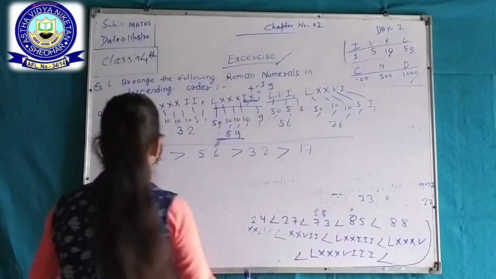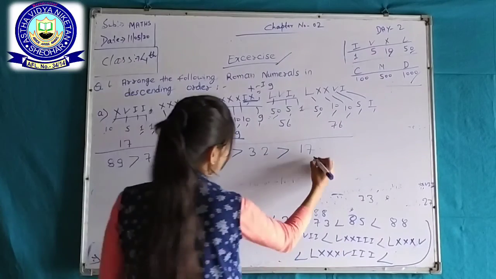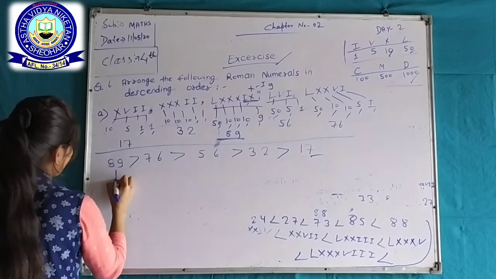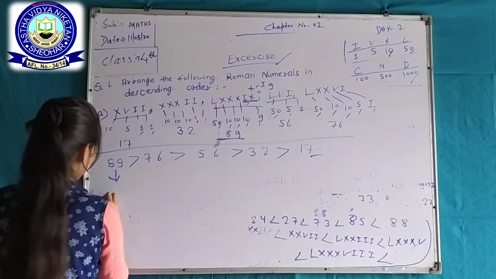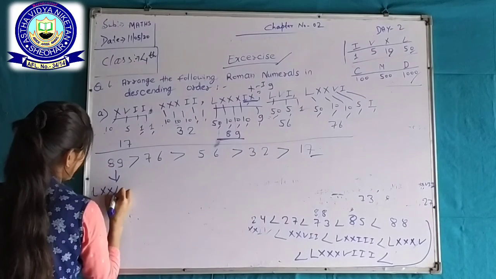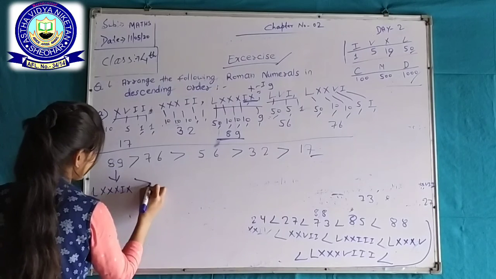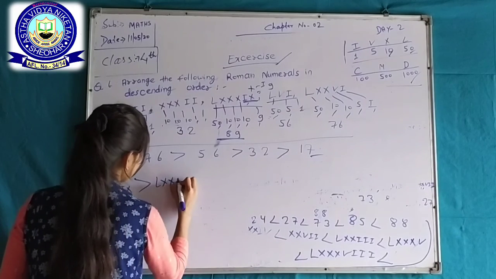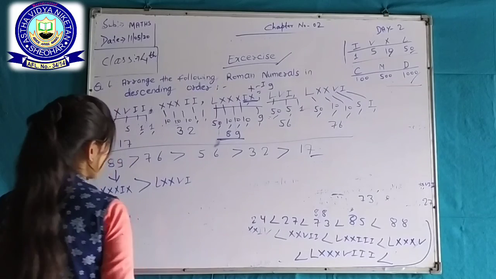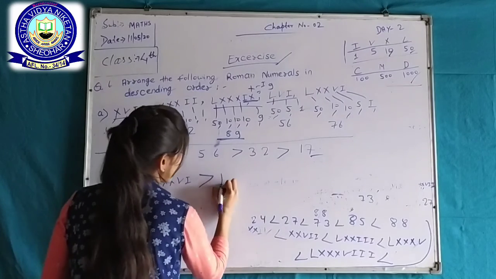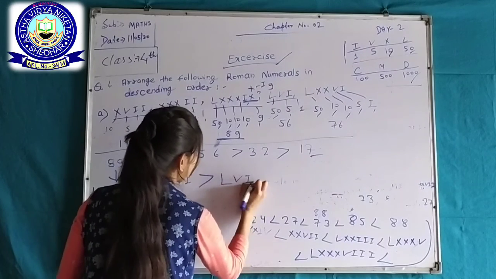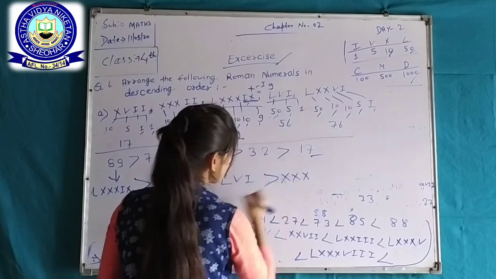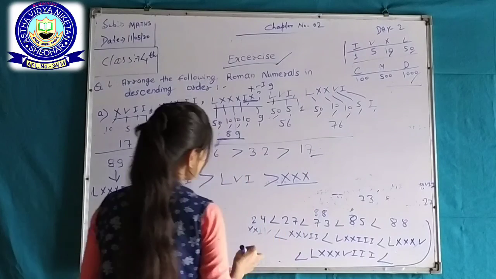And now we have to write these Hindu Arabic numerals in Roman numerals. 89 is L, triple X, and IX. 76 is L, double X, V, and I. 56 is L, V and I, and for 32, triple X and double I. We can't use this symbol more than 3 times.